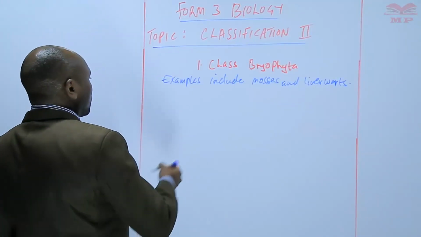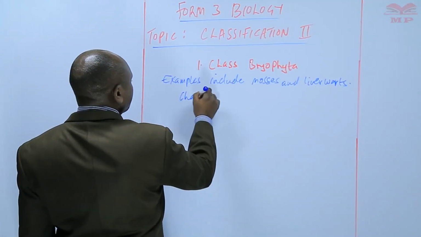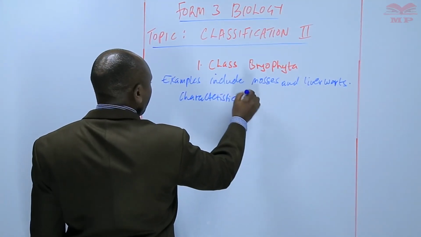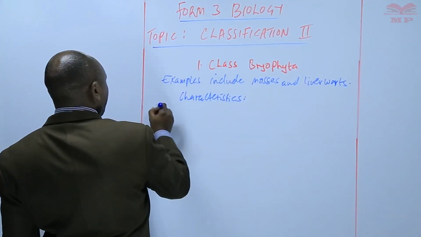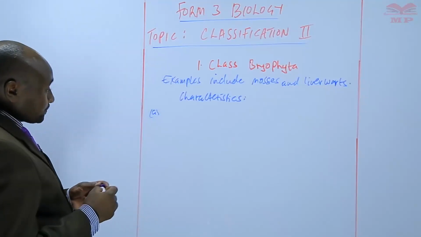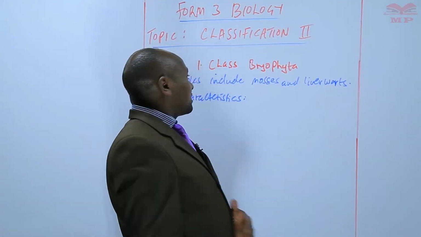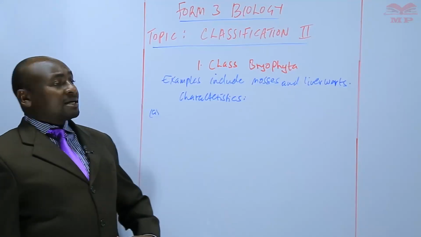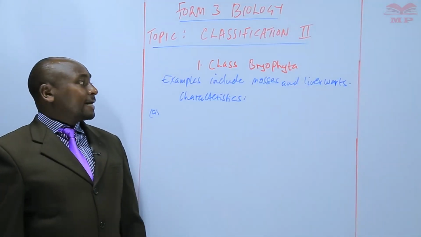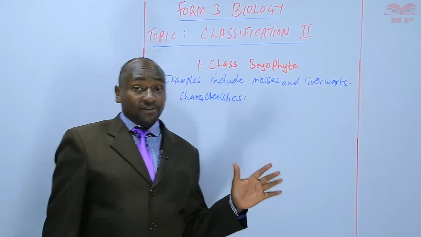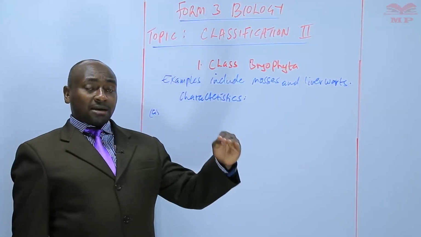The next thing that we look at are the characteristics. In terms of the characteristics, we say that some of the members of the class Bryophyta are differentiated into roots, stem, and leaves.